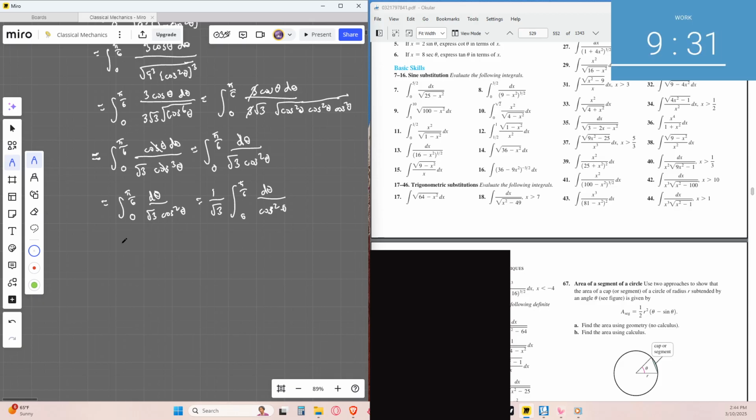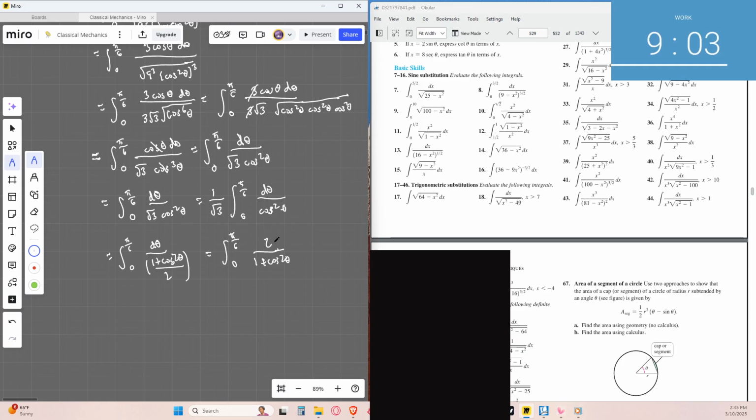I think I'm going to try a little trick. I just thought of this. So cosine squared is similar to basically saying cosine, and then since it's a fraction in the denominator, we can flip it like so.